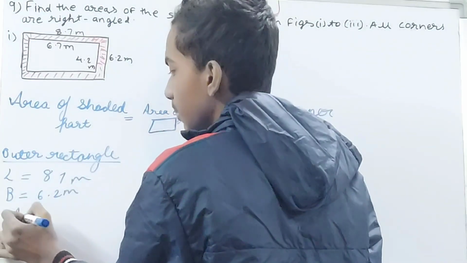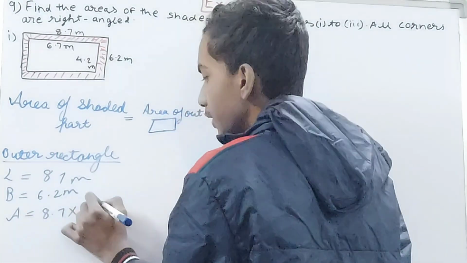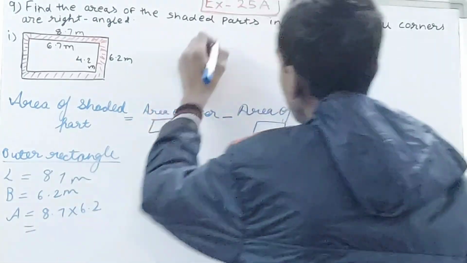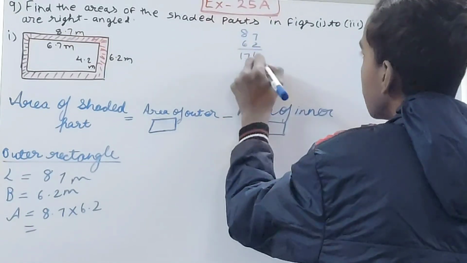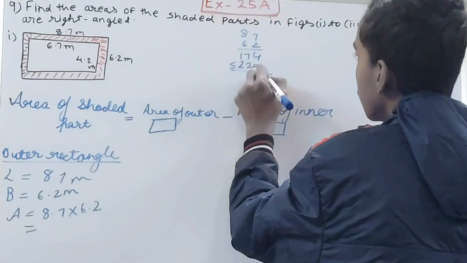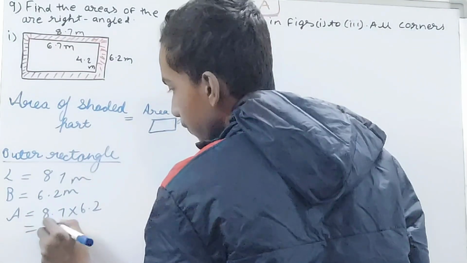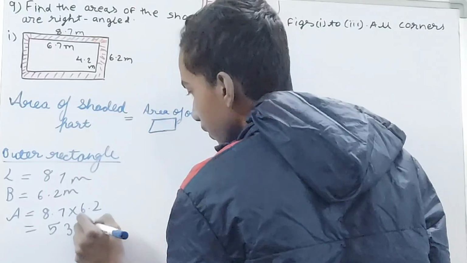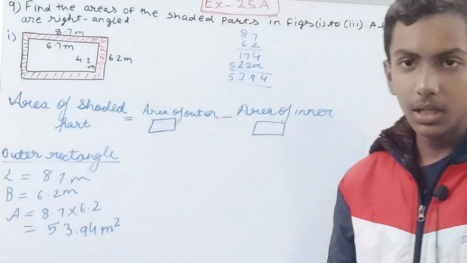So your area will become 8.7 into 6.2, right? Let's quickly multiply it over here. So we have 53.94 square meters after multiplying. This is the area of the outer rectangle.